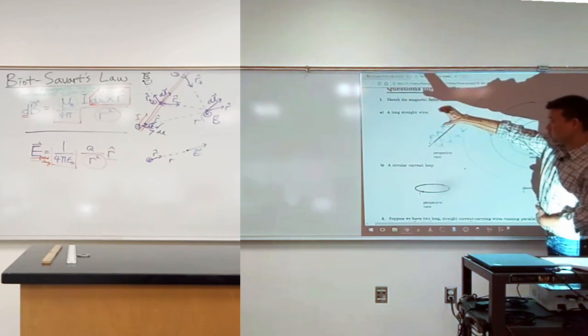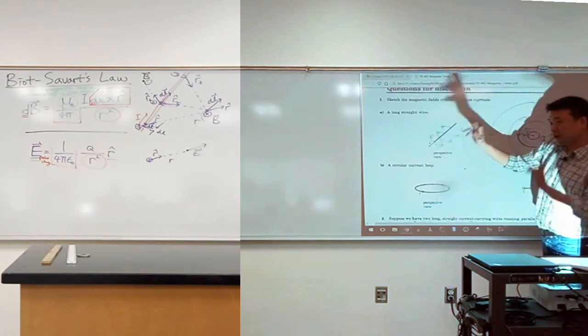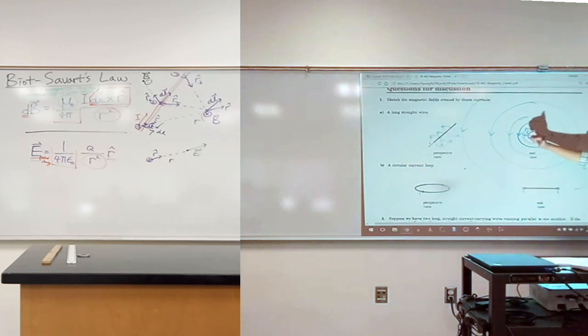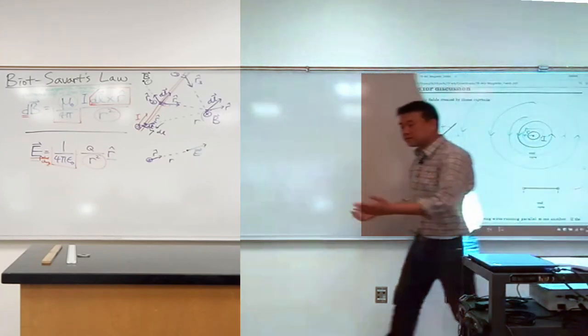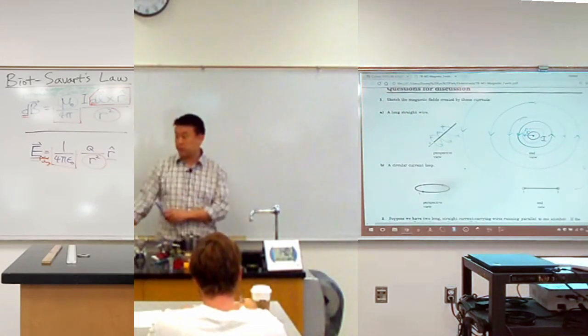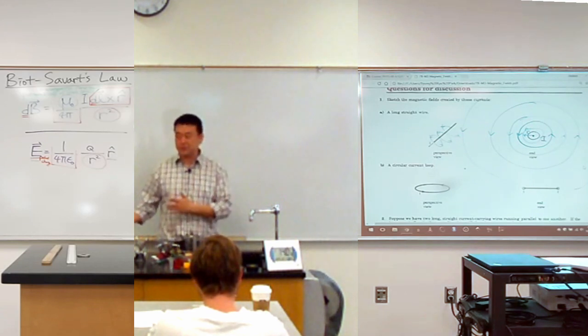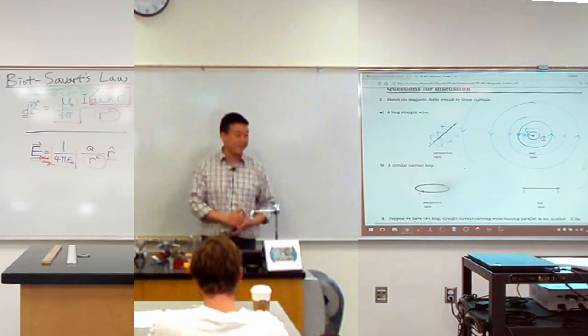Then the way my fingers curl around is the direction that the magnetic field curls around. So here, my thumb points out of the board, so my fingers curl around in the counterclockwise direction, and that's the direction of the magnetic field. So it's a shortcut rule, and it's consistent with the basic rule that we reviewed last time. It sometimes makes it easier to quickly figure out the direction of the magnetic field.